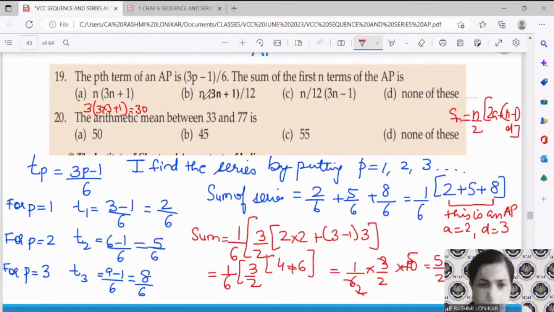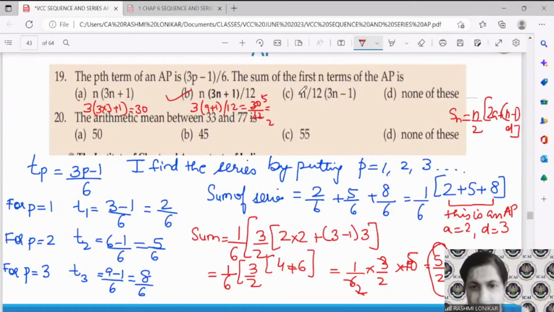Now here, how much am I getting? 3 into 3 is 9 plus 1 upon 12. So this is 10, 30 upon 12. If I simplify this, I get 5 by 2. So here also I am getting 5 by 2. So B will be the correct answer.